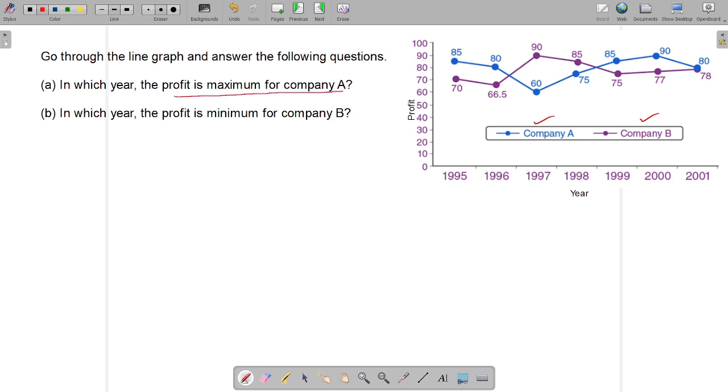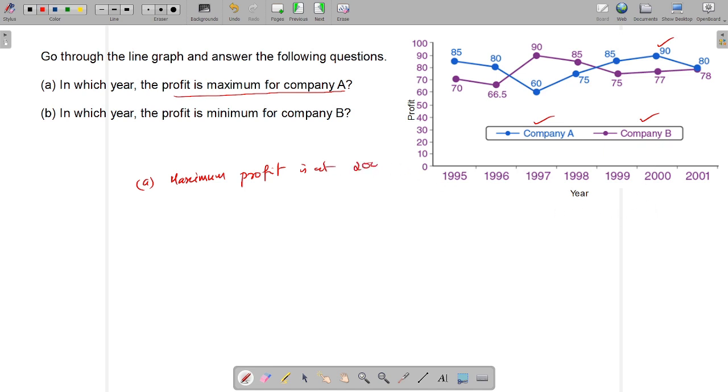In the blue line the maximum is at 90, and that is in the year 2000.